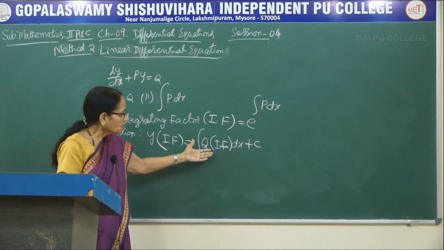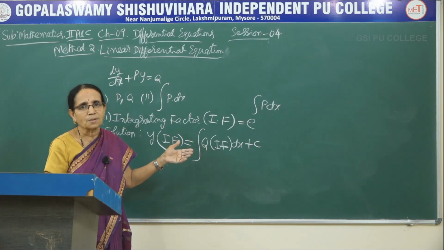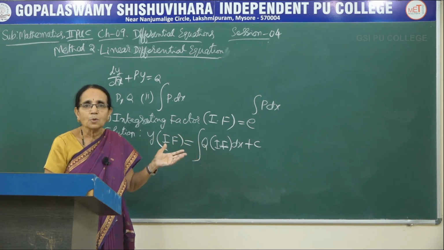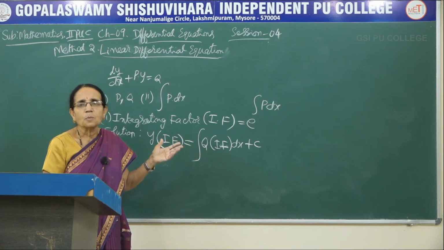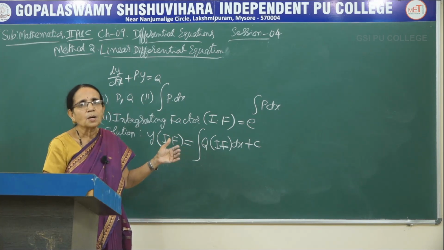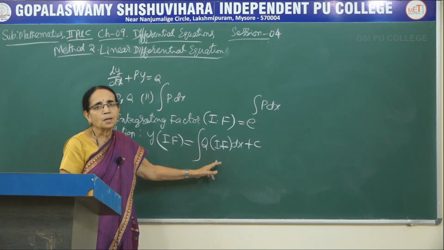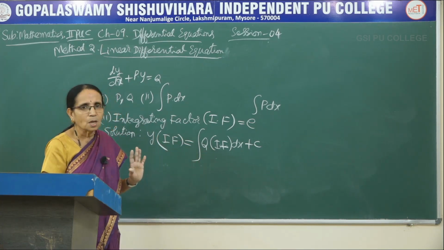Suppose it is a simple function, directly you can use the standard integrals, or you may have to use the substitution method, or integration by parts, or partial fractions. It depends upon what terms we are getting here. So this is the procedure we adopt.